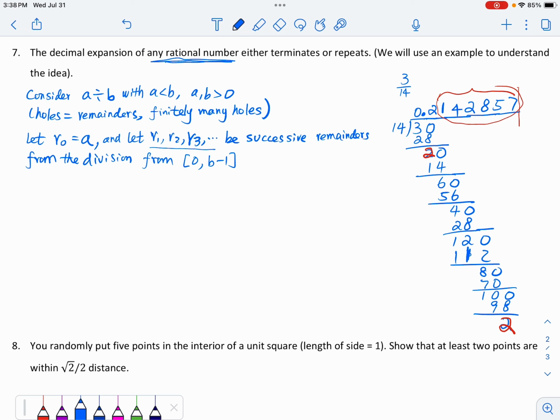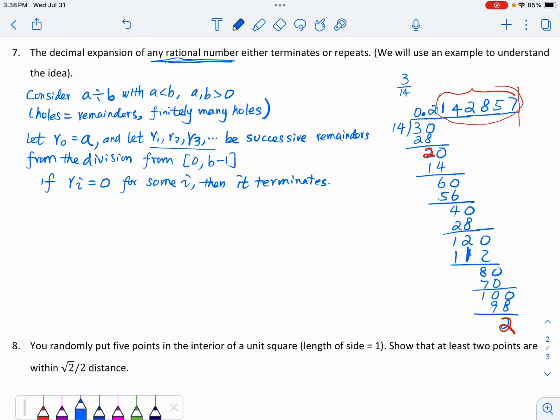Now, of course, if at some point Ri is equal to 0 for some i, so one of those becomes 0, then that definitely terminates. We divide, the remainder is 0, then it stops. Then it terminates.